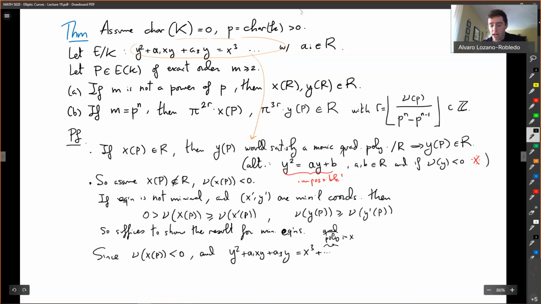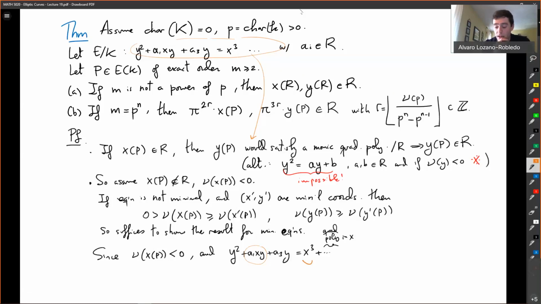Then the smallest valuation, the most negative, happens here, and it has to match the valuation on the left-hand side. The valuation of the right-hand side and the valuation of the left-hand side have to be the same.